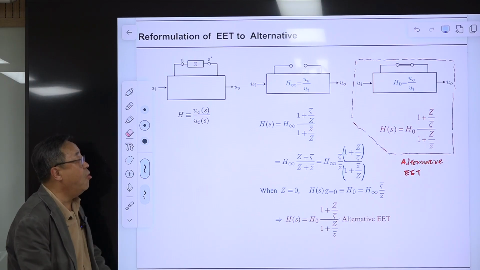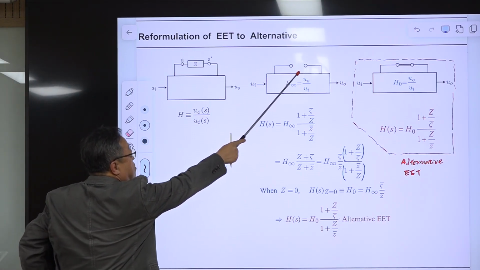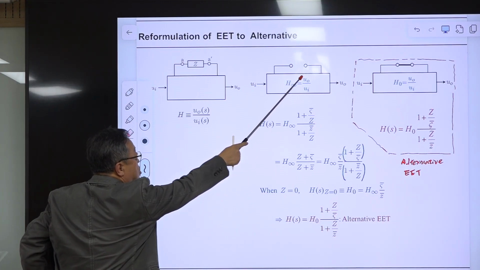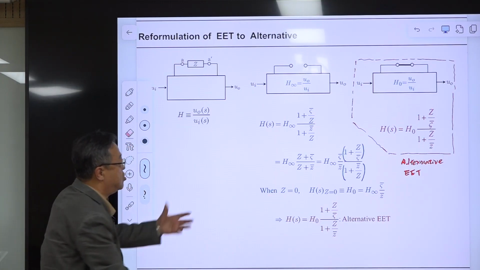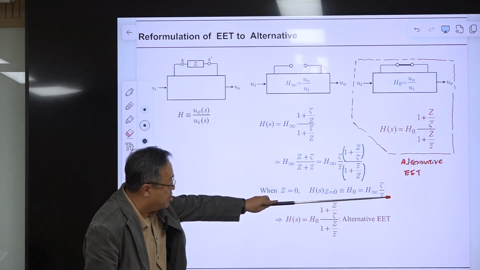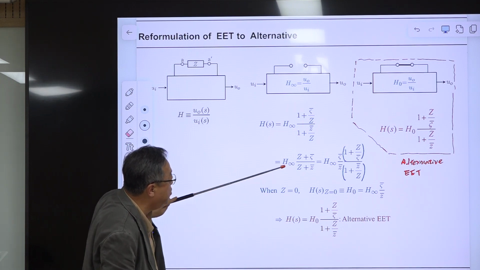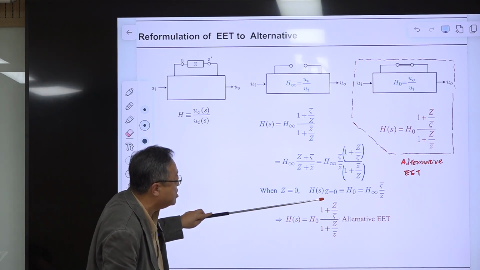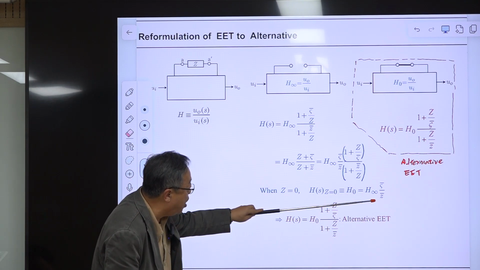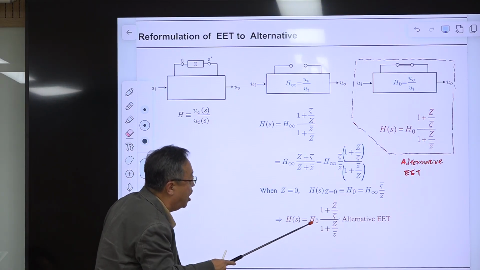Okay. So we start from this structure, this architecture, and somehow we derive this. We just take out terms and interpret this. H0 is this one evaluated at G equals 0, which is this one. Then replace this term with H0.